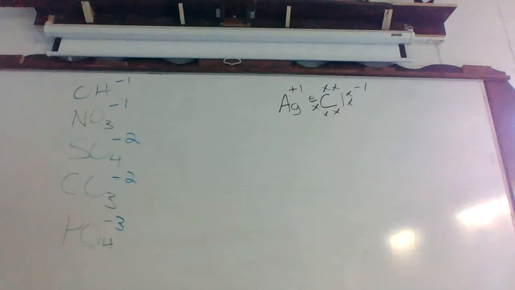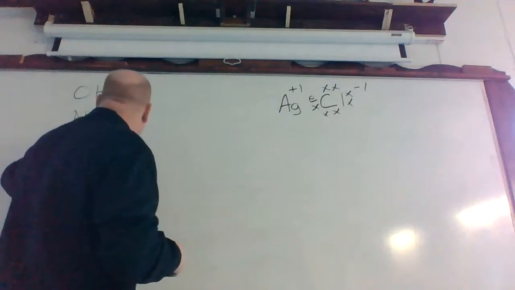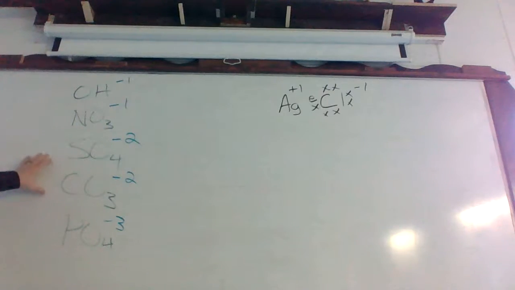So, what can happen then is a polyatomic ion can also form ionic bonds as well. When that cold weather made itself present last week, I think we had talked about this.